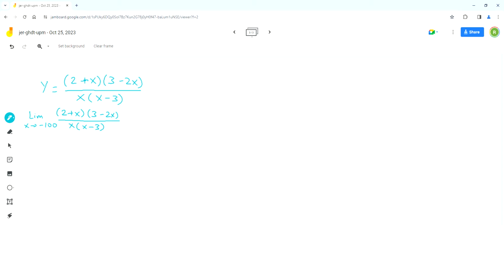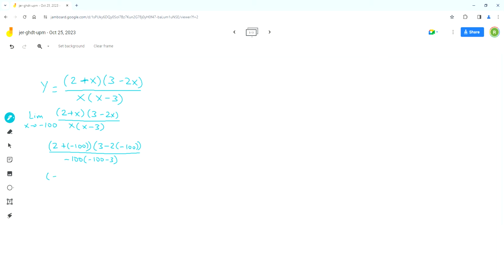Now if we sub in x as negative 100, we get 2 plus negative 100, 3 minus 2 times negative 100, over negative 100 times negative 100 minus 3. Now we have to see if the value that we get from this expression is greater than negative 2 or less than negative 2, because we found that the horizontal asymptote is at y equals negative 2.